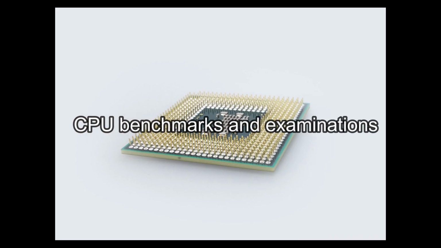CPU benchmarks and comparisons. When it comes to picking a CPU, benchmarks and comparisons can help you in making an informed decision. Benchmarks are tests that measure the performance of a CPU by simulating real-world scenarios.